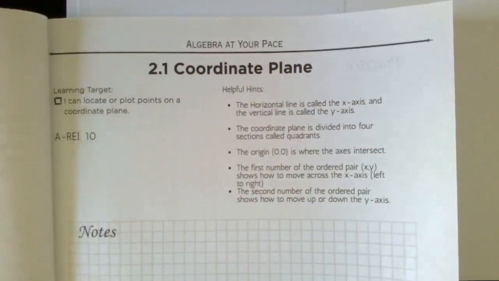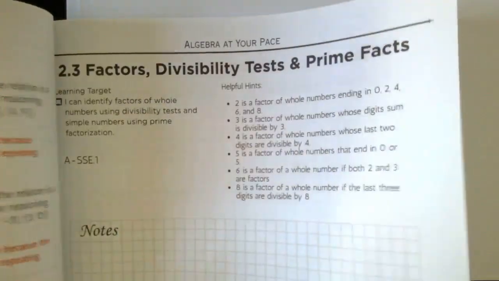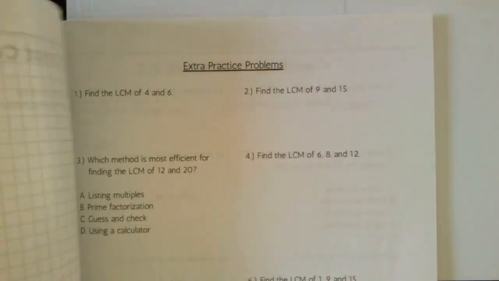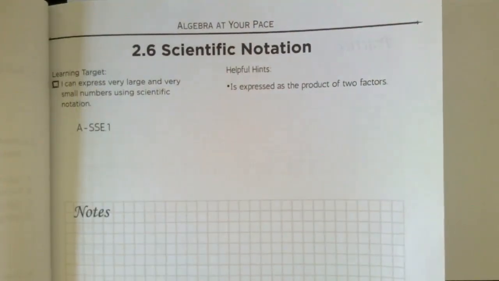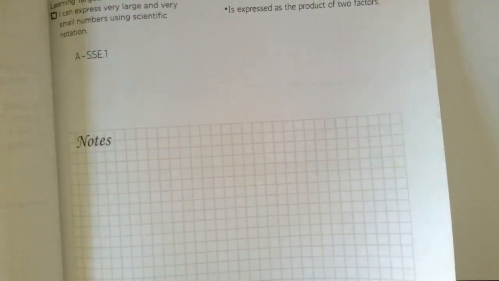So this is volume 2. You have the coordinate plane, functions, divisibility rules, greatest common factor, least common multiples, and scientific notation. It breaks all these concepts down. You have to take notes. We're not computers. We're not always going to remember things. So you write down notes.